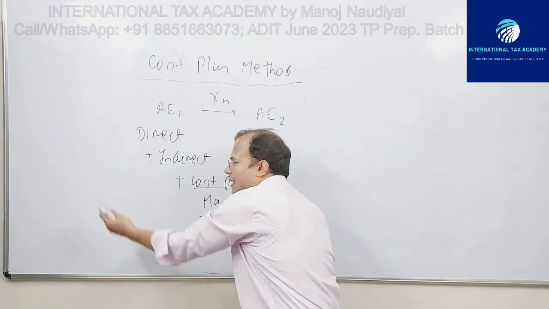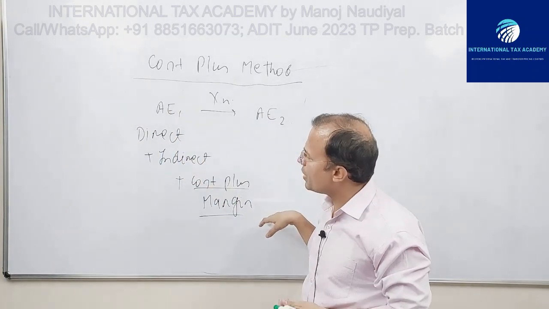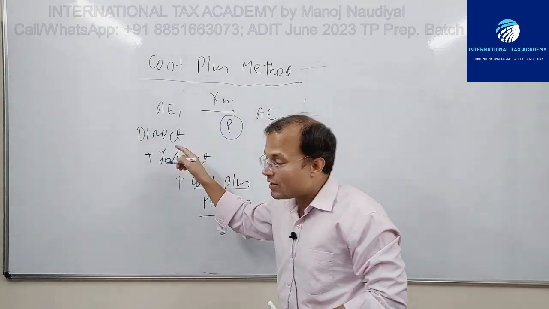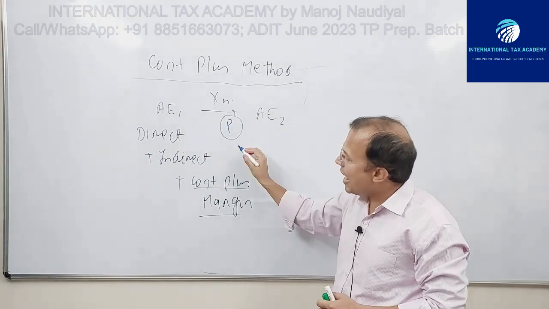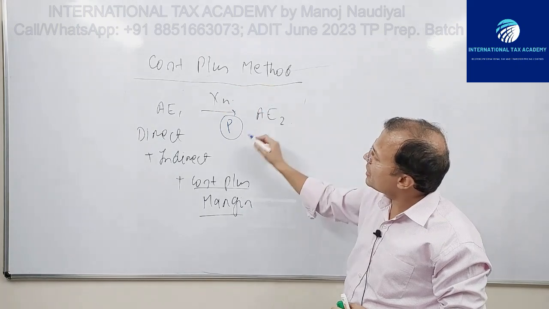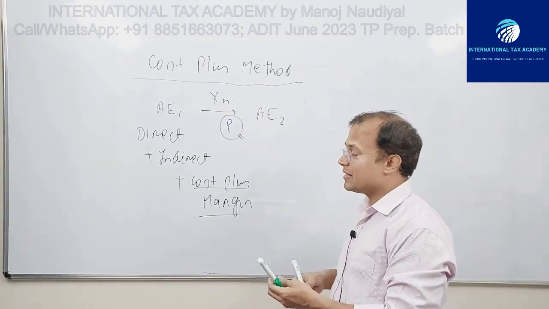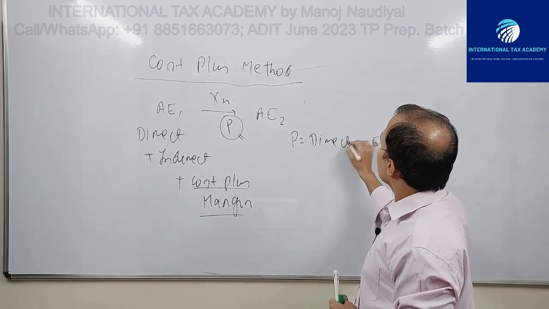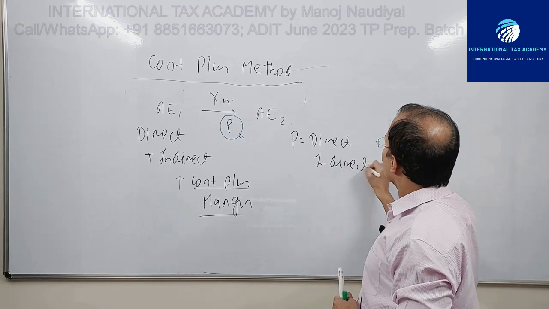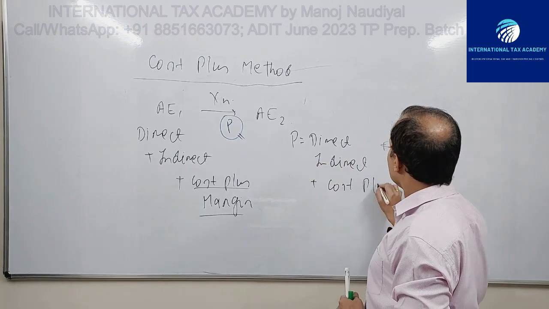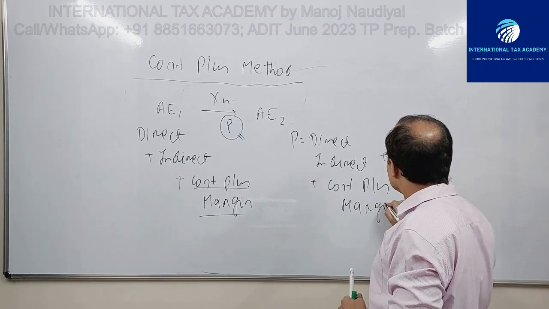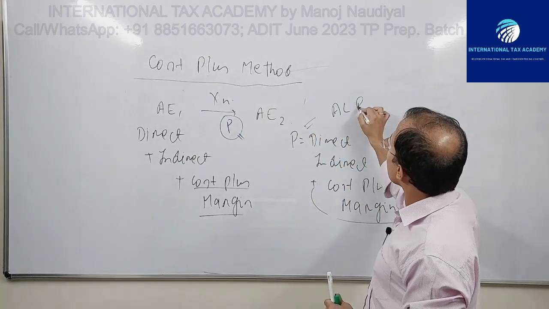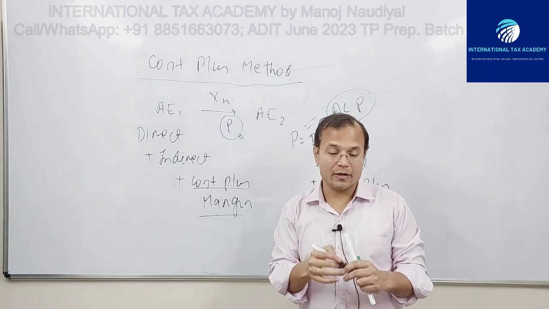When you aggregate all these three components, this will become the price P at which the transaction occurs, and as per the cost plus method, this price P, which comprises the direct cost plus indirect cost plus the cost plus margin, should be the arm's length price. This is the cost plus method.